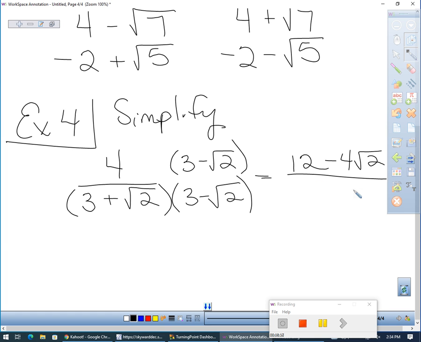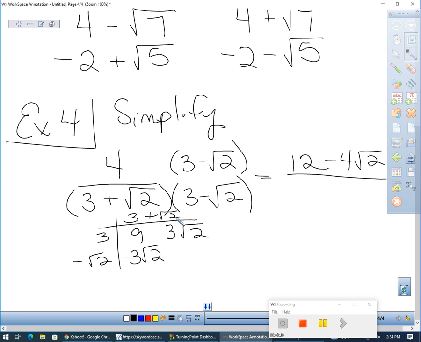Over. How do we multiply the bottom? Yeah. So we have 3 plus the square root of 2 times 3 minus the square root of 2. 3 times 3 is 9. 3 times the square root of 2 is 3 square root 2. 3 times negative square root 2 is negative 3 square root 2.